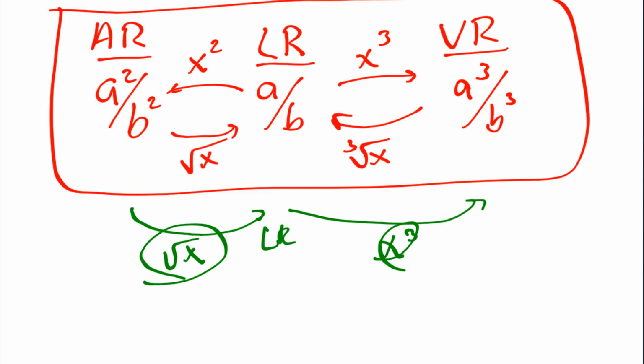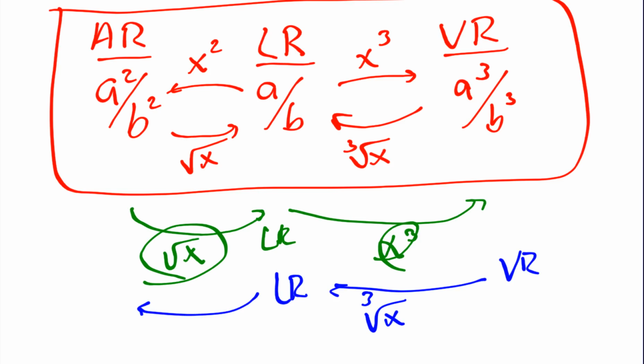Similarly, if we're going from volume ratio back to area ratio, you would have to cube root it to get it back to a length ratio, and then square it to get back to that area ratio.